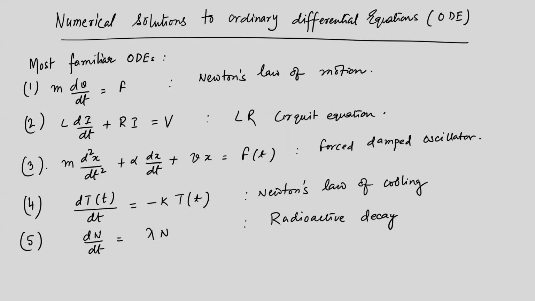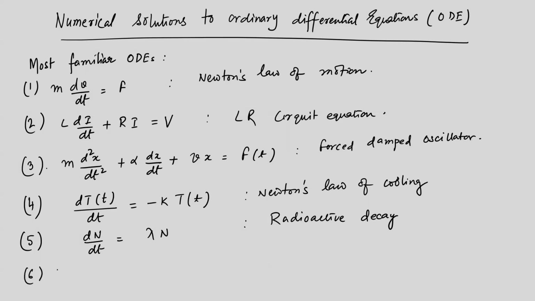If one knows the number of atoms at t equal to 0, then one can predict the number of atoms even after 1000 years. So, by looking at a piece of wood or a piece of rock, one can say what the age of that is, and so on.